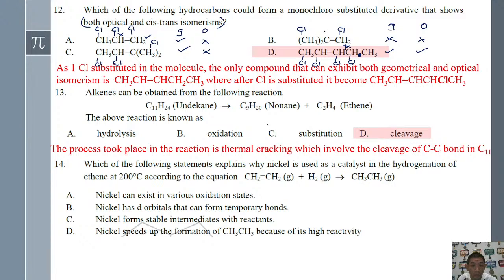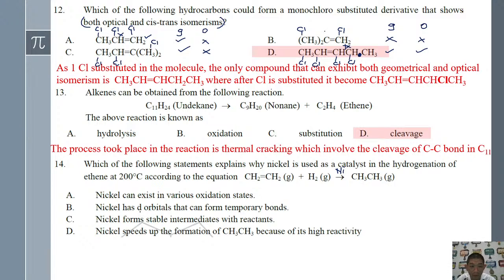Number 14. Which of the following statements will explain why nickel is used as a catalyst in the hydrogenation of ethene at 200 degrees Celsius according to the equation? So this is the general equation for this one. What is actually the purpose of using nickel? If you remember from semester 2 that we learned last time, we have a homogeneous catalyst and heterogeneous catalyst. So this is a type of heterogeneous catalyst. Here, nickel, making use of its empty d orbital, forms a temporary bond.